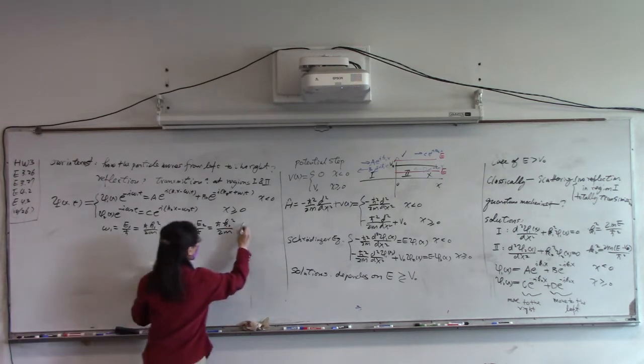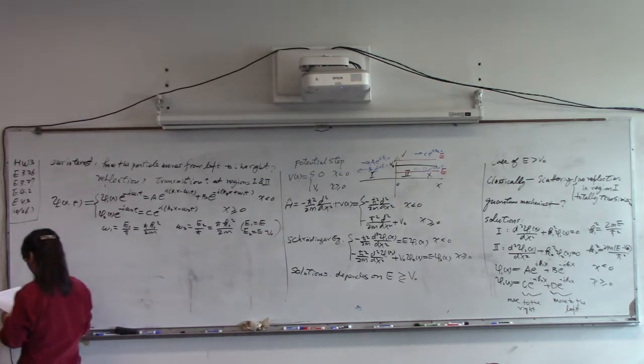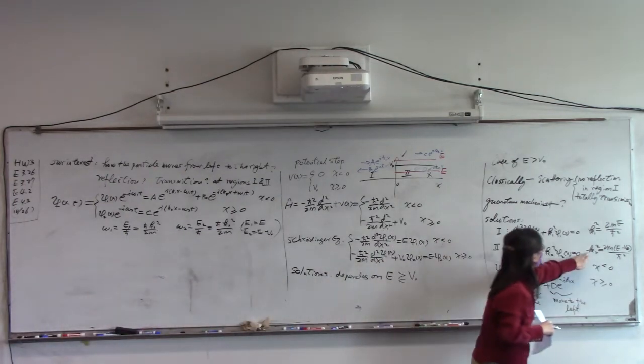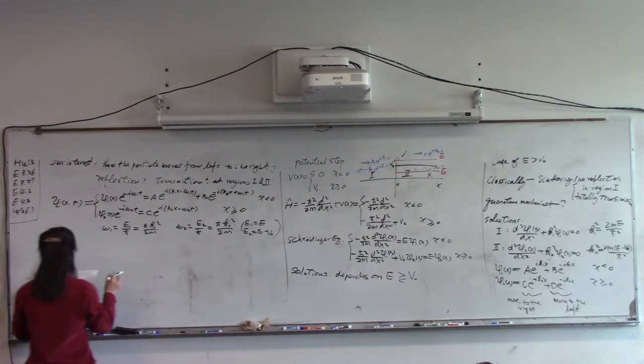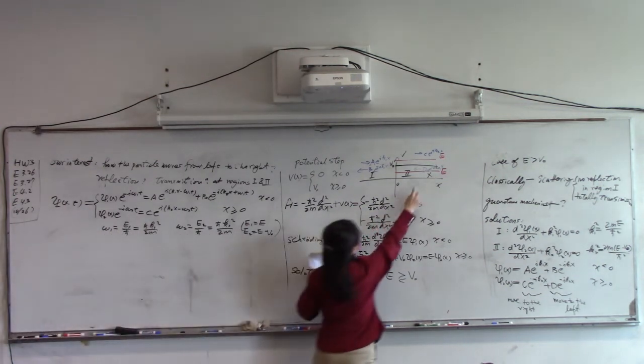So here E1 is E in region 1, and E2 is E minus V naught in region 2. That is how we defined the k.